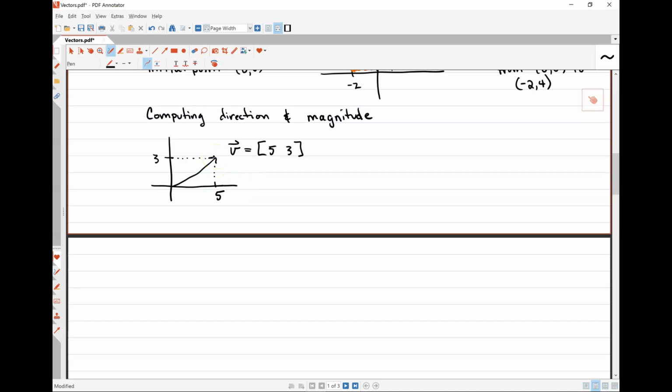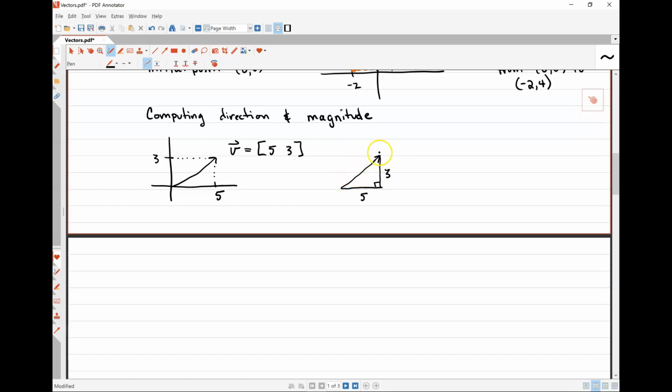If we want to compute the length of the vector, we can do that by using the Pythagorean theorem. So I'm going to just draw the triangle that is suggested by this picture right here. What we're looking at is really a right triangle with one leg length 5 and the other leg length 3. And so this length, that's our arrow.